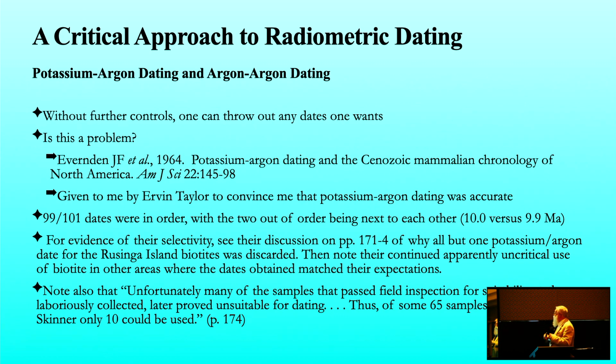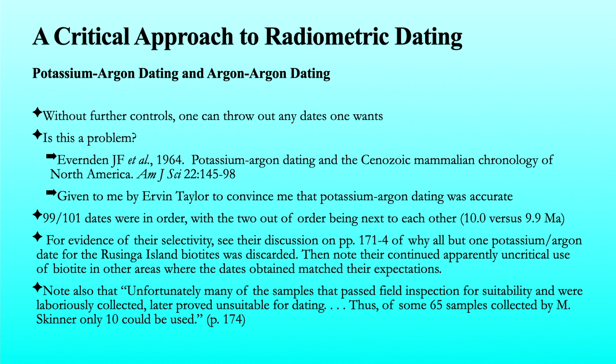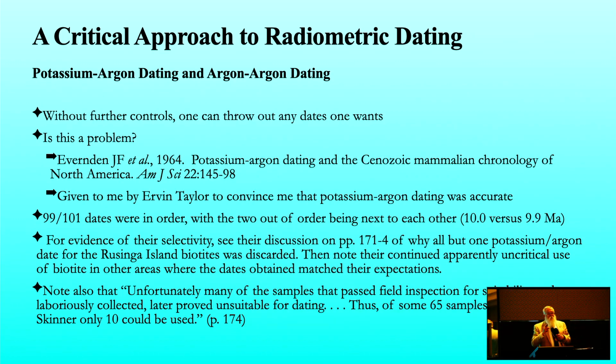Thus, of some 65 samples collected by M. Skinner, only 10 could be used. You are getting 15% of the data they collected in the paper. Well, no wonder you can get a nice lineup if you throw out all of the extraneous dates. That's a problem.